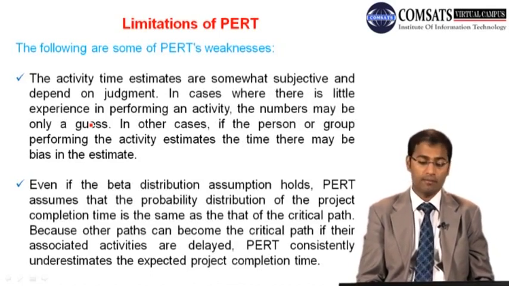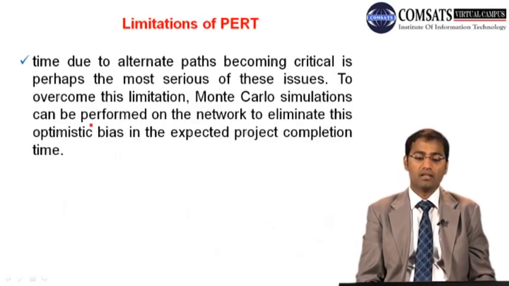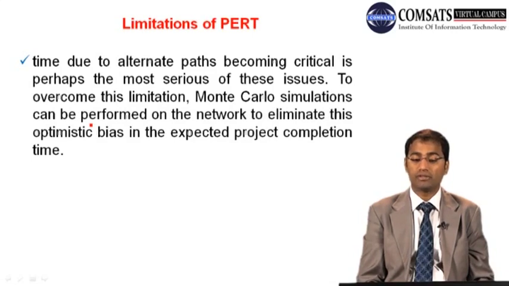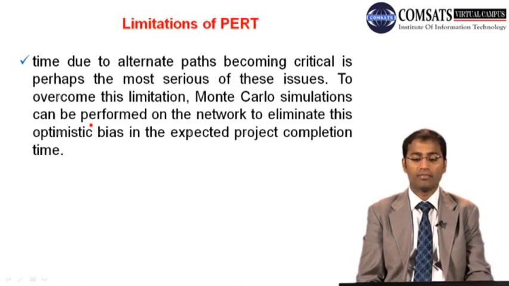That is quite a different thing, because other paths can become the critical path if their associated activities are delayed. PERT consistently underestimates the expected project completion time. Time due to alternate paths becoming critical is perhaps the most serious of these issues. To overcome this limitation, Monte Carlo simulations can be performed on the network to eliminate this optimistic bias in the expected project completion time.